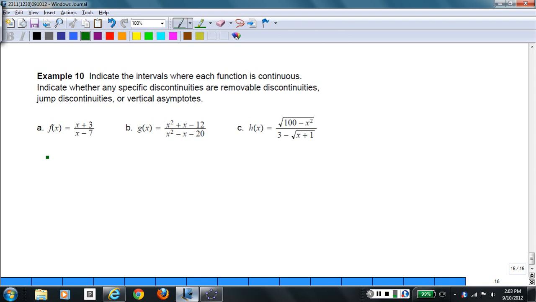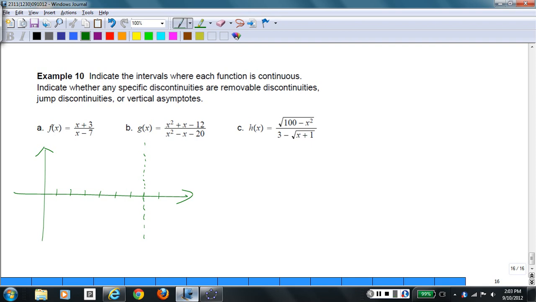The picture might be good there. 1, 2, 3, 4, 5, 6, 7, 8. There's a vertical asymptote there. We'll talk about infinite limits next time, and see ways of quickly deciding whether it's positive infinity or negative infinity. If x is a little more than 7, over here to the right, then the numerator 7 plus 3 is going to be a little more than 10, and 7 minus 7 is going to be a little more than 0, making the denominator positive.